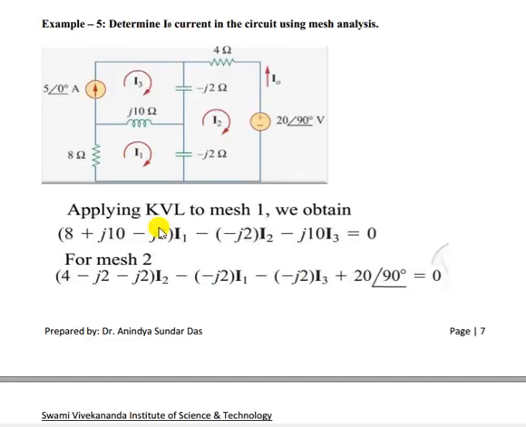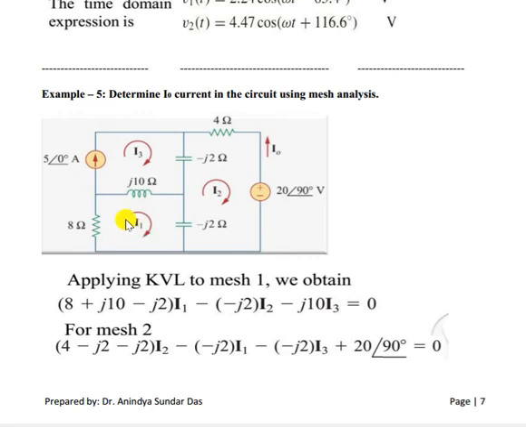So if you remember for DC circuit, for a particular mesh, that mesh current is positive for all the resistance summation, 8 plus J10 minus J2, and the common factor, there you have to write minus of that value into I2. Similarly here also.